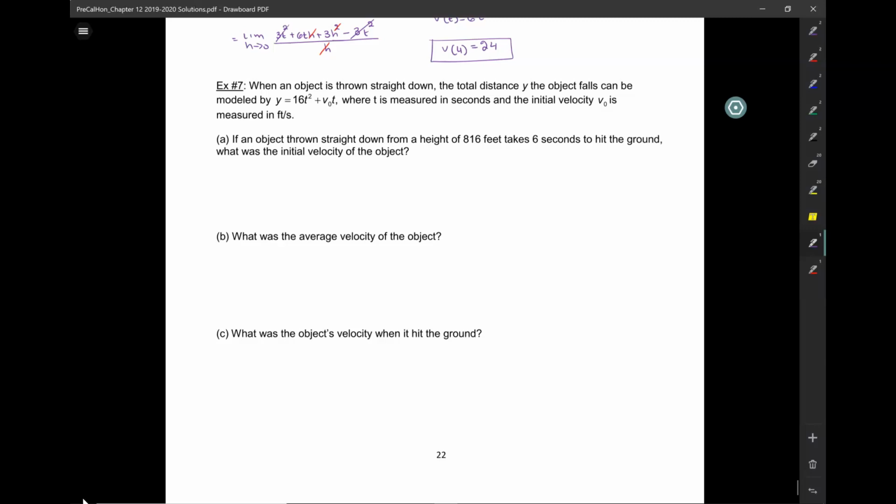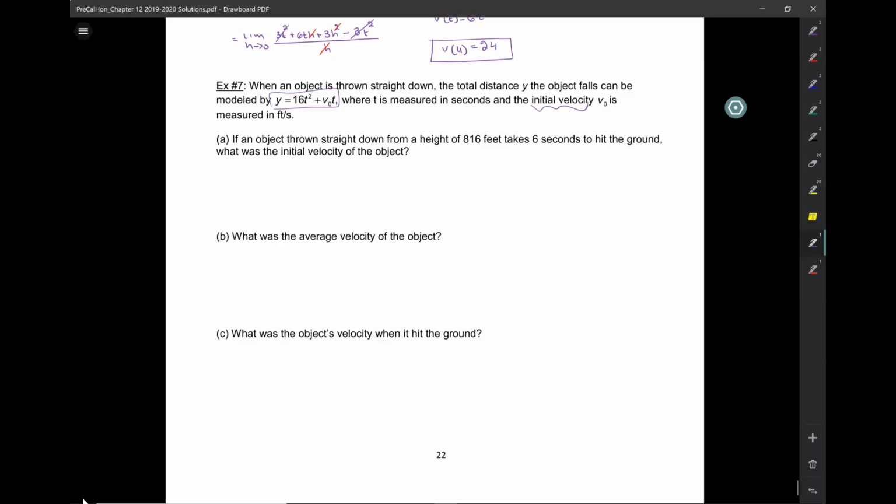When an object is thrown straight down, the total distance y the object falls can be modeled by this formula, and we've seen that before. y equals 16t squared plus v naught t. t is measured in seconds, and v naught is the initial velocity measured in feet per second.